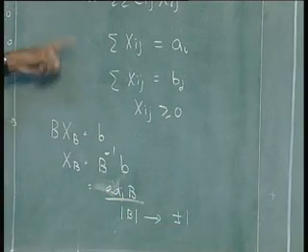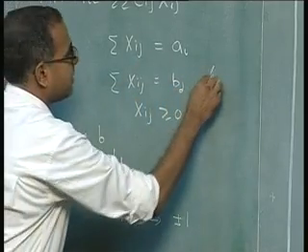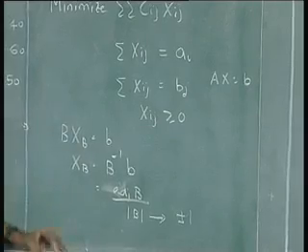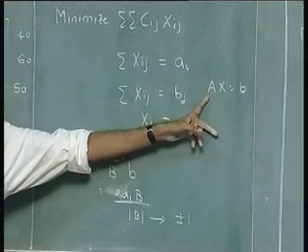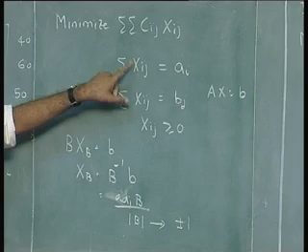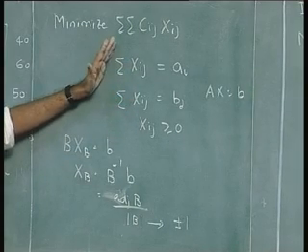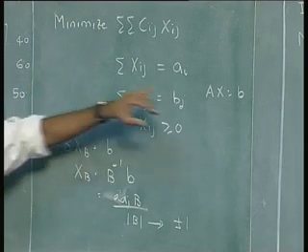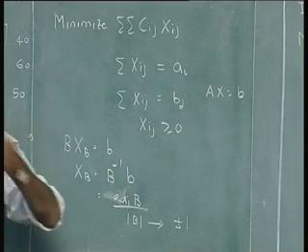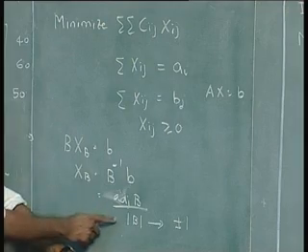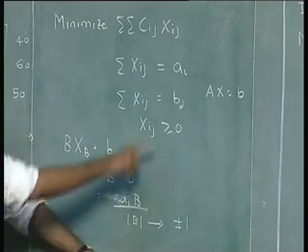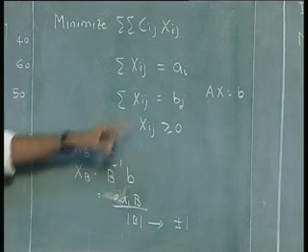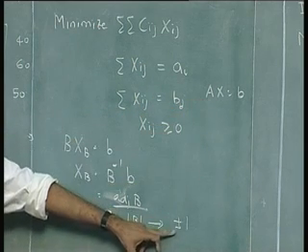Now, if we go back to the transportation problem and write it in the form Ax equal to b, where A is the matrix and b is a vector, then this A is made up of 1s and 0s. The coefficient is either 1 or 0. Now, from these coefficients we can find out that this A matrix is such that every basis B that we pull out from A has determinant B equal to plus or minus 1.